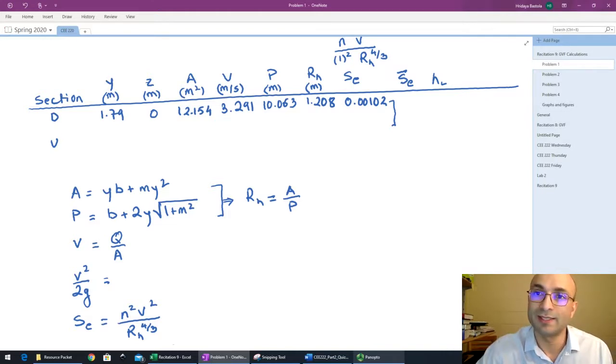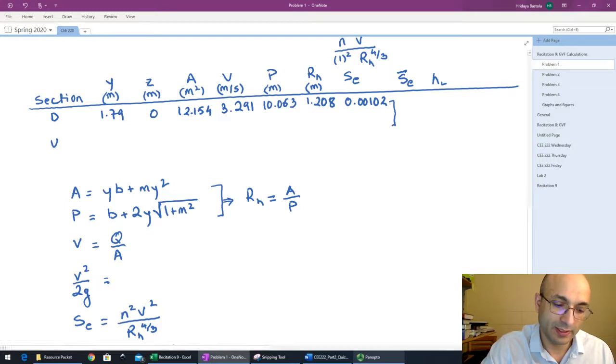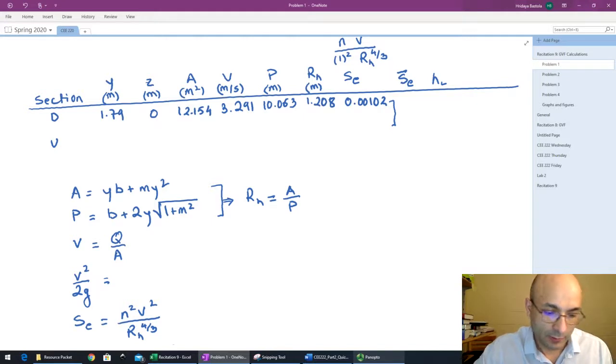So this one is an iterative process because the velocity and other parameters depend on our choice of y. We'll have to improve our value of y until the energy criterion is met. So as you can see from the setup, this is best done on an Excel sheet.